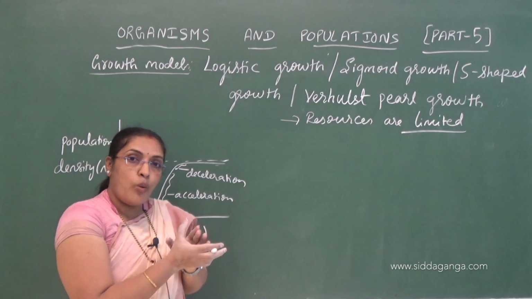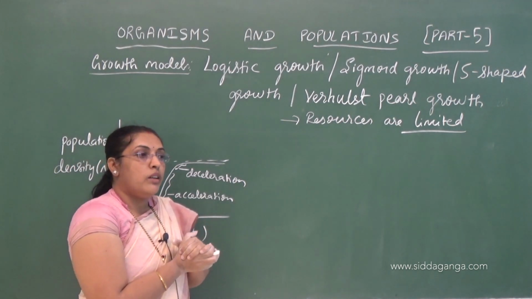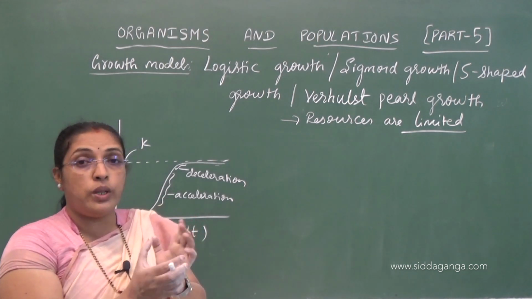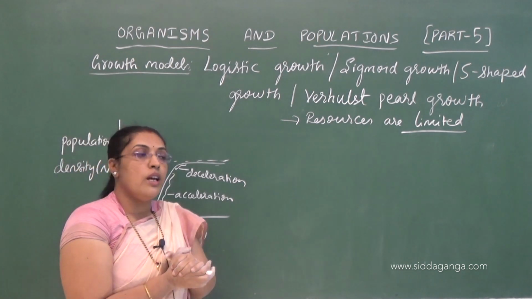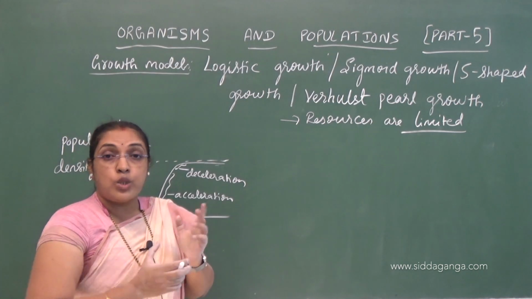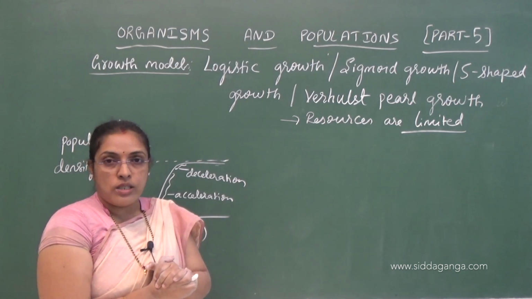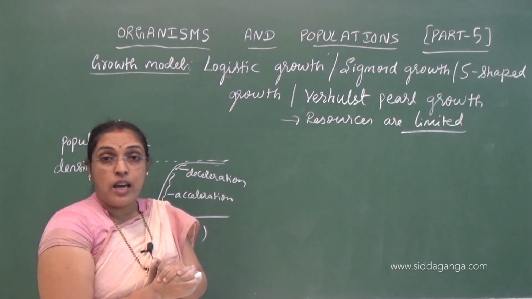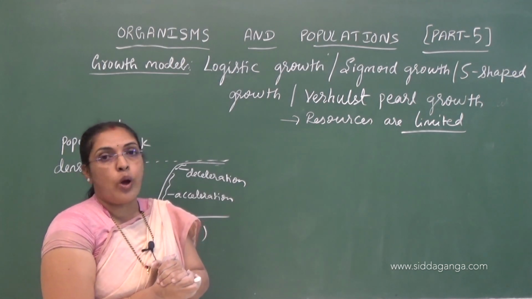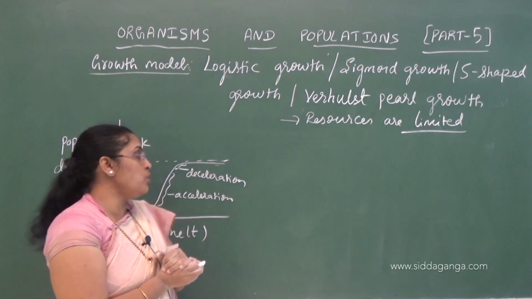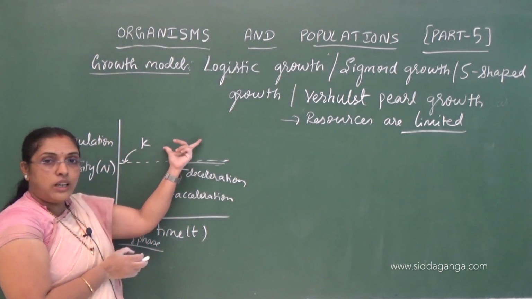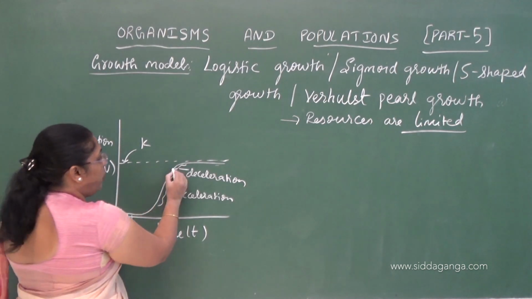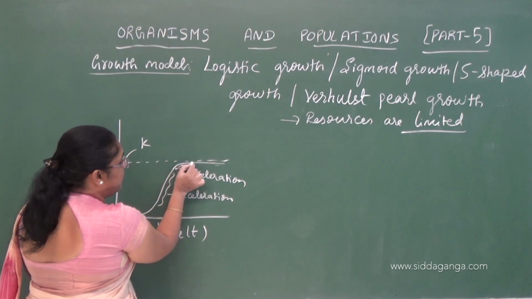In this competition, if the competition occurs for the same resources between similar species, the fittest, the superior one is going to survive and the inferior one is going to be eliminated. The fittest one is going to survive and reproduce. Understood? So once the resources are limited, we see the decrease in the population size, that is called deceleration.